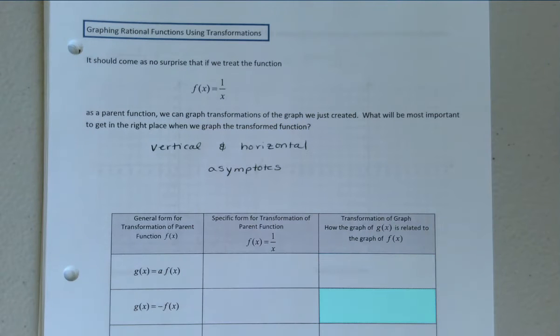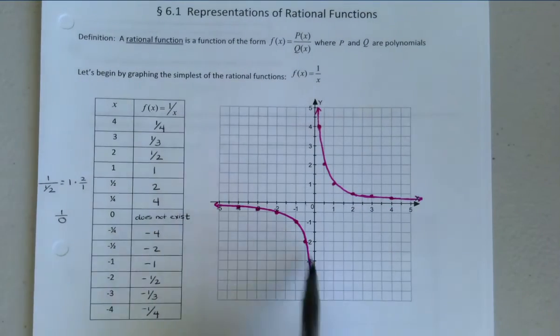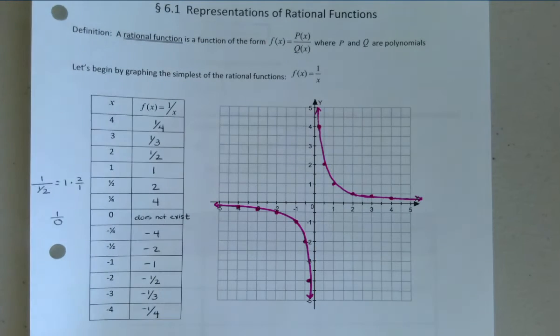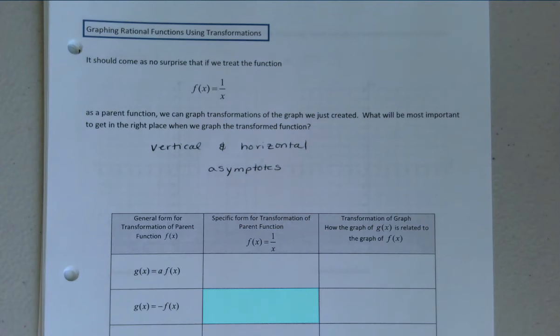Once I know where those are, it's not very difficult to sketch the shape of that graph around those asymptotes. So as long as I place the asymptotes correctly, I think I can draw that shape.